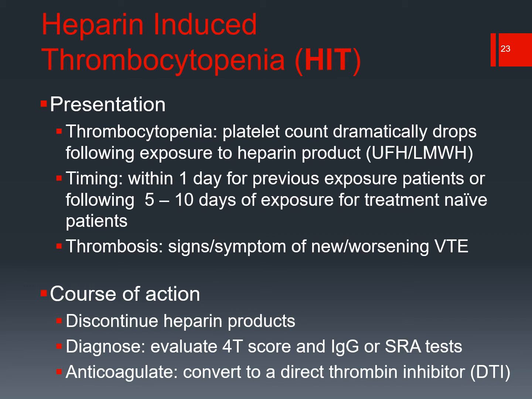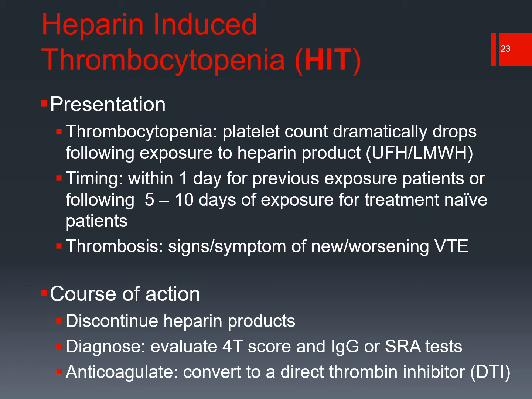In the case of HIT, we do not mess around. We immediately discontinue the heparin product. We can evaluate using a 4T score, which we'll get to, or we can also do objective measures using IgG or SRA tests, which we'll get to also. We do have a patient that has an existing clot. That's why they were on the anticoagulant to begin with.